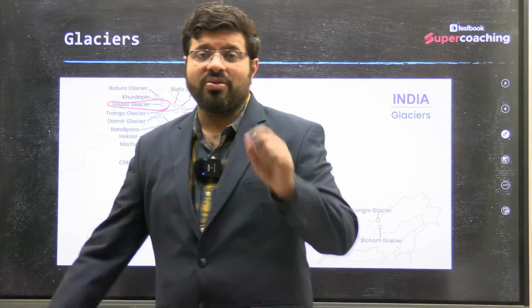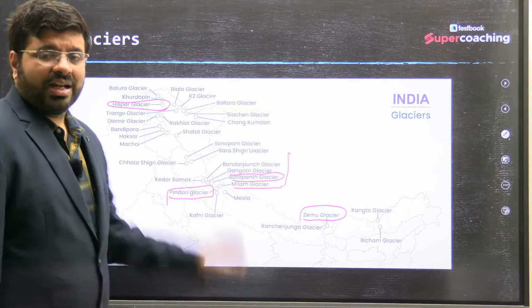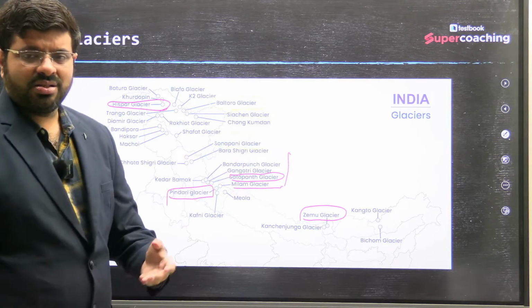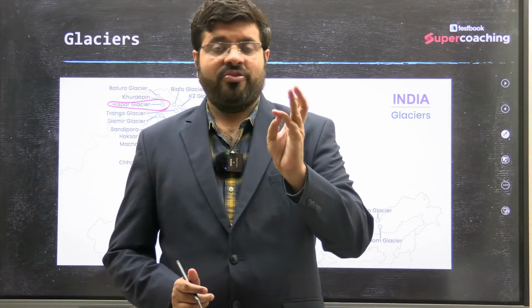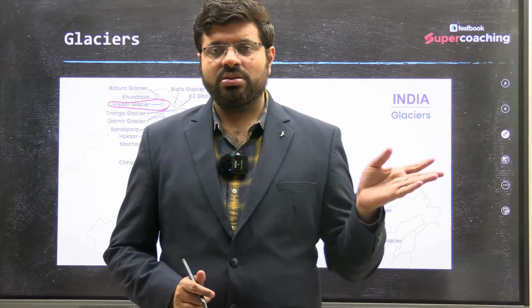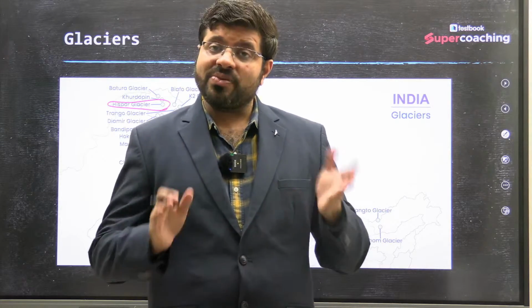In fact, what I would like you to do is draw the map of India and identify these glaciers from this picture. Then next, for each glacier, based on prominence in the news, observe which mountain range, rivers, and valleys it relates to. You are then ready for this topic. That is from the mapping point of view.